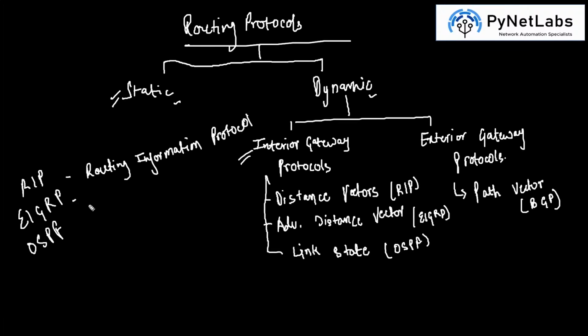EIGRP stands for Enhanced Interior Gateway Routing Protocol. Then at last we have OSPF.